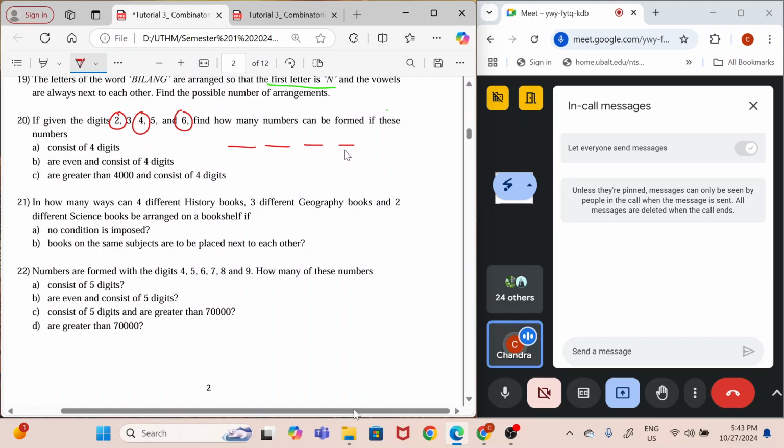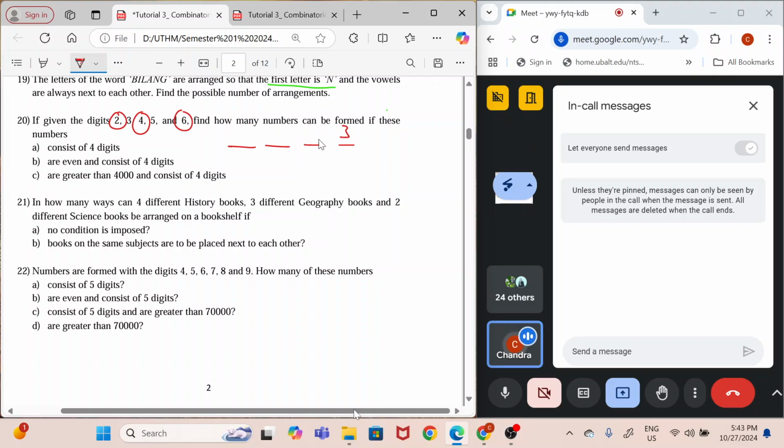How many? The last digit can be any one of the 3 digits here. 2, 4, 6. So I put 3 here. And then one number goes inside here. Any one of them, isn't it? Any one of the 3 numbers goes inside here. Let's say 2 goes inside here. Left is 1, 2, 3, 4. 4, 3, 2.